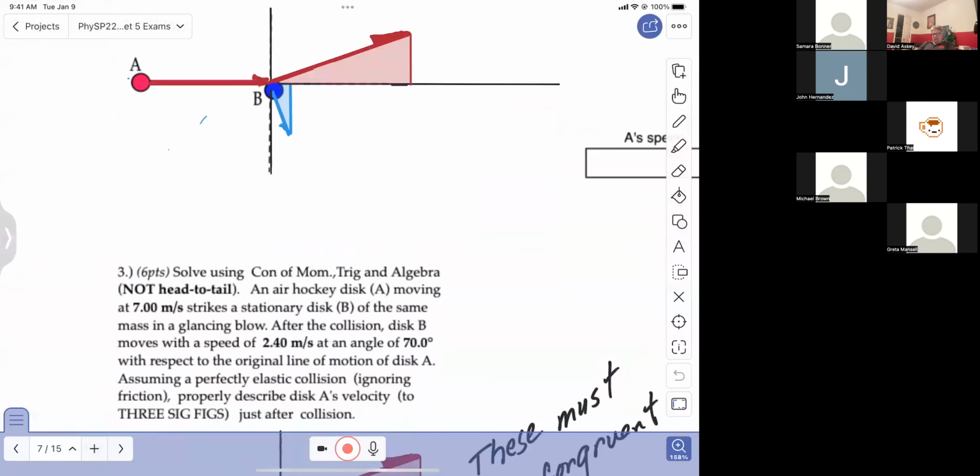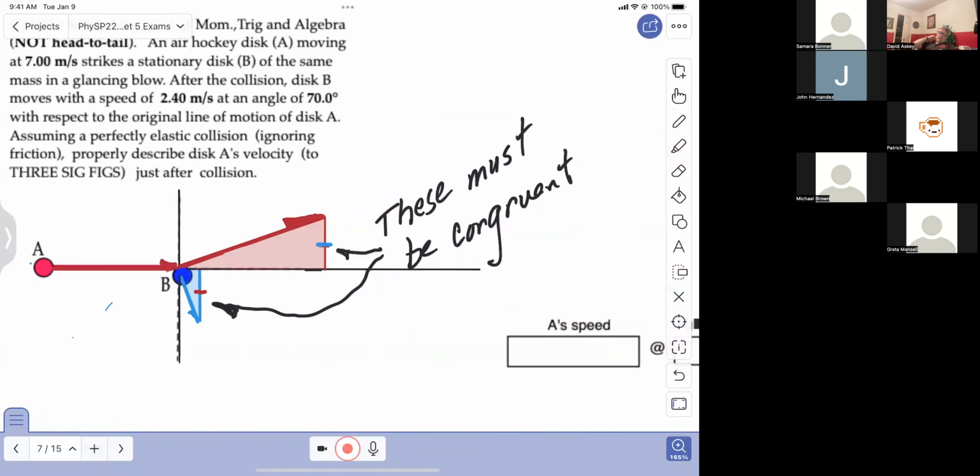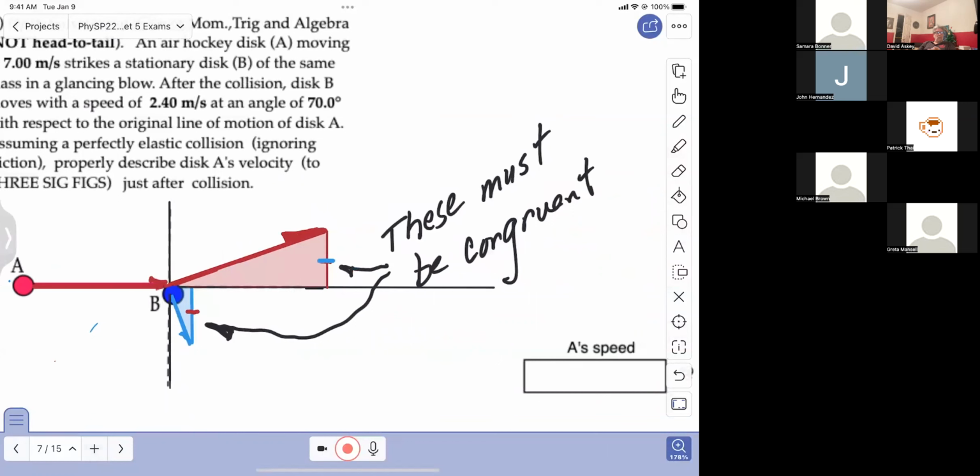Okay, let's go to the next slide. So I just said that. These two must be congruent, because this is what Gabby got mad at me about. I'm saying that all of a sudden you have momentum in the Y direction where you didn't have it to begin with, which is all legal as long as you kill it the instant you have it.